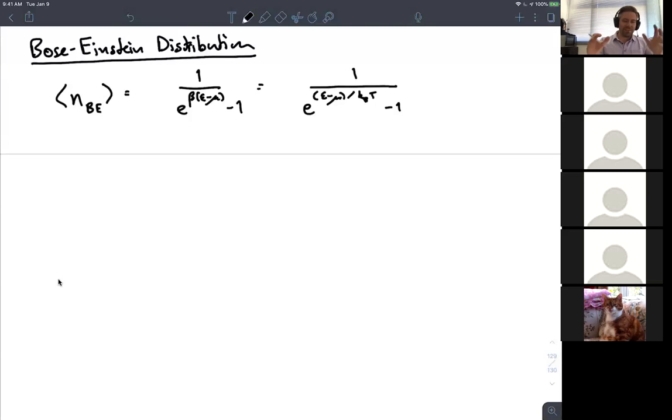We're going to talk about it at length, but first of all, let's look at low occupancy. In other words, let's look at the high energy levels.